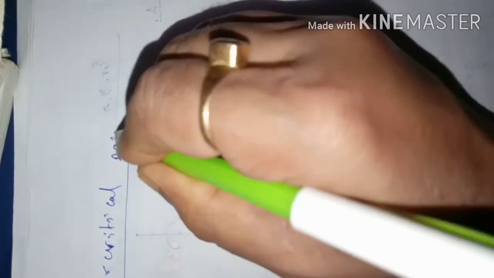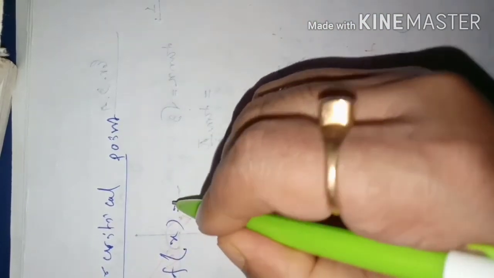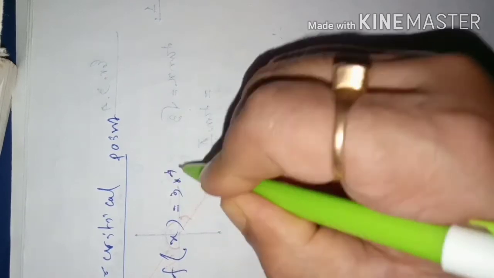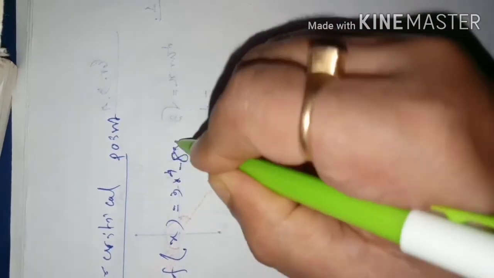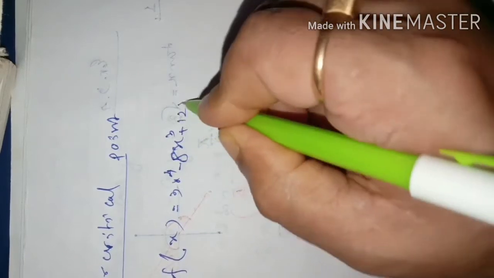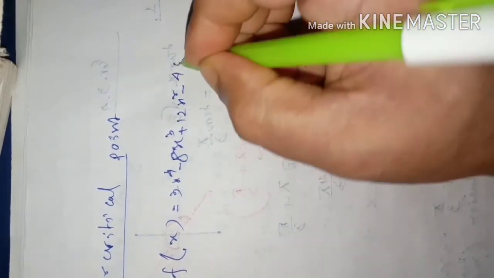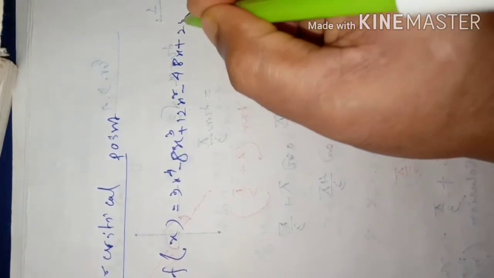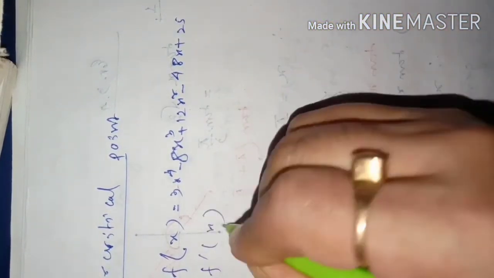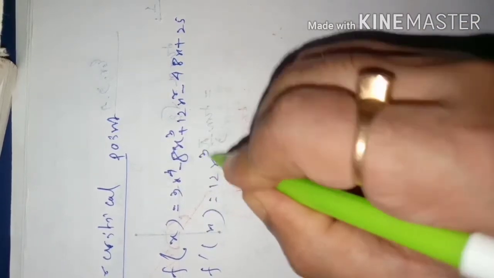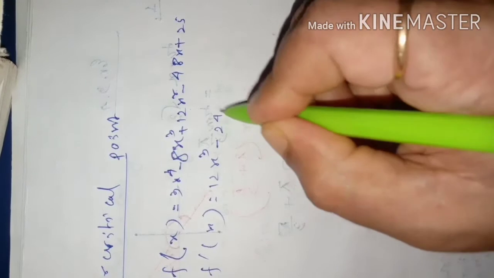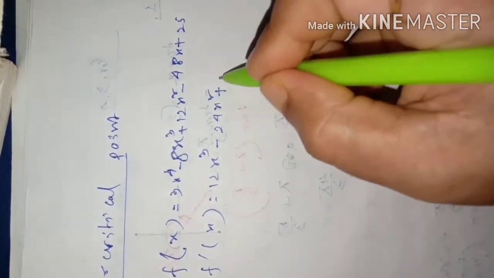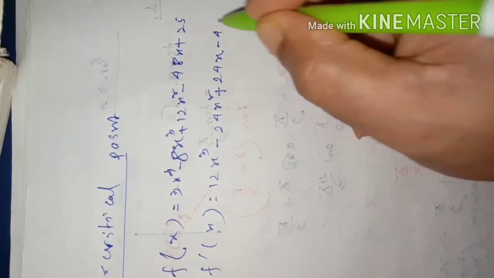So for critical points, first we need to find f'(x). First let us write f(x). f(x) is equal to 3x^4 minus 8x^3 plus 12x^2 minus 48x plus 25. So f'(x) is equal to 12x^3 minus 24x^2 plus 24x minus 48.